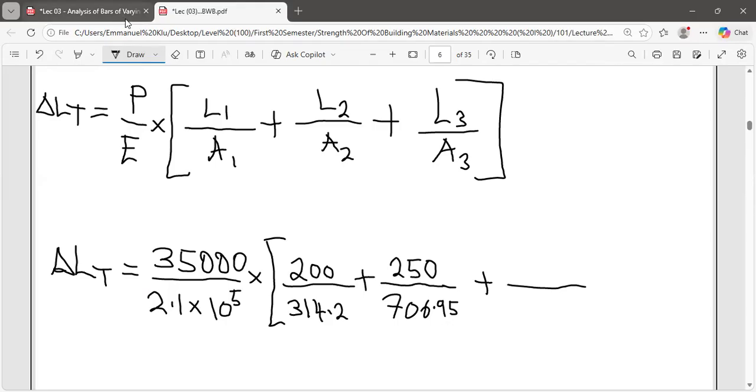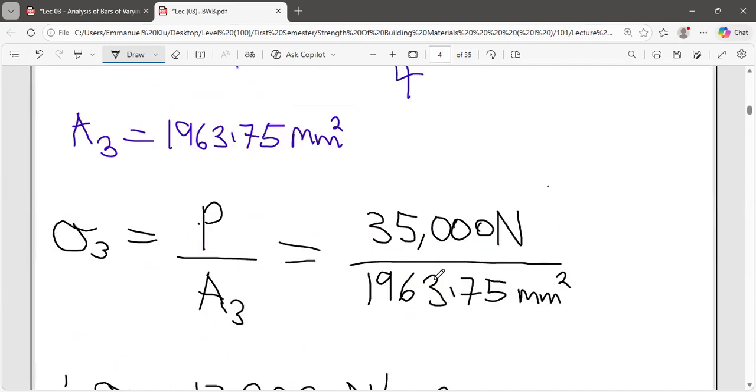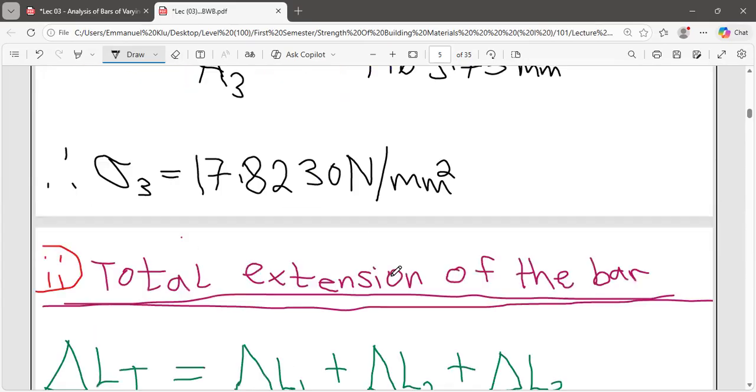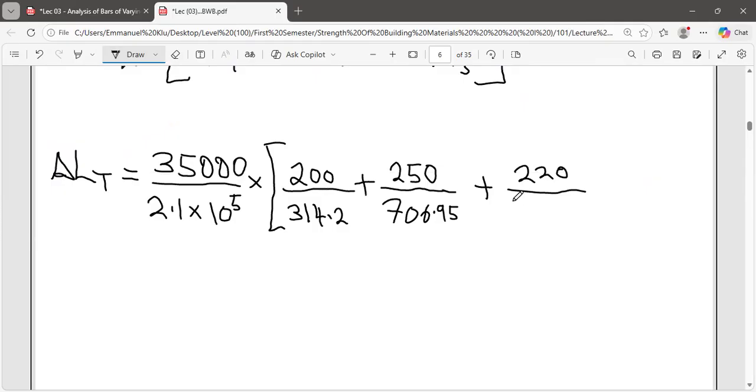And for the last one, the length was given as 220, all over our last area we calculated. So look at section 3: 1963.75. So let's put it over there, 1963.75.